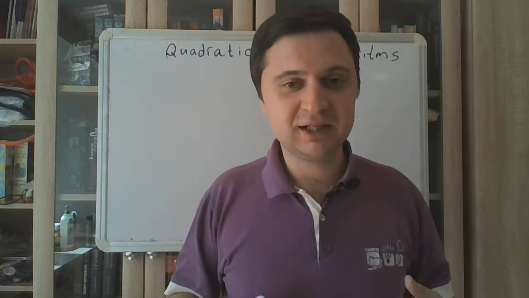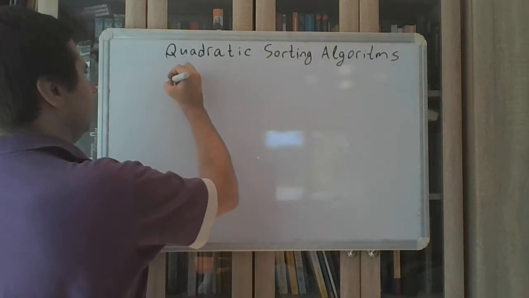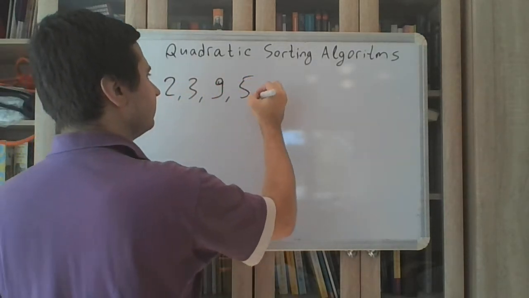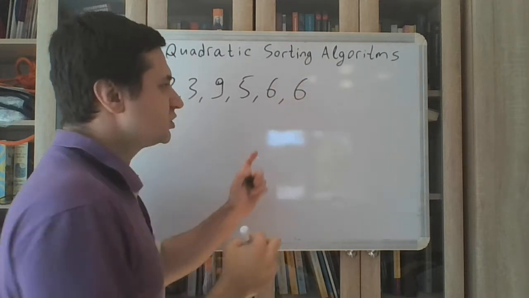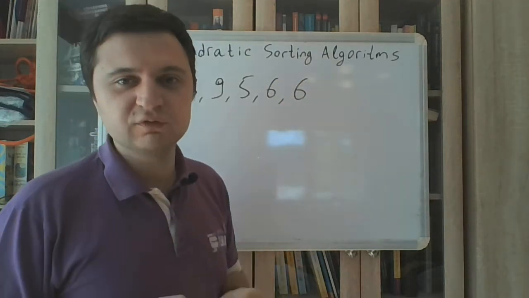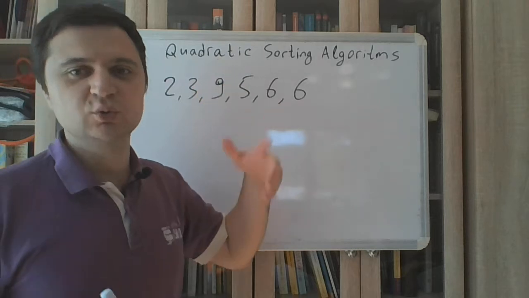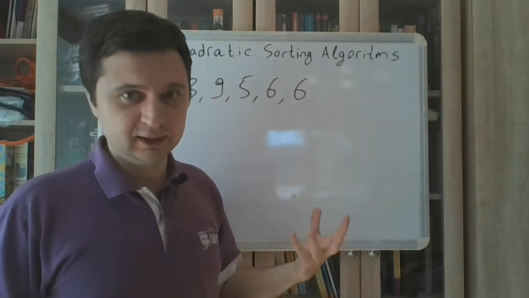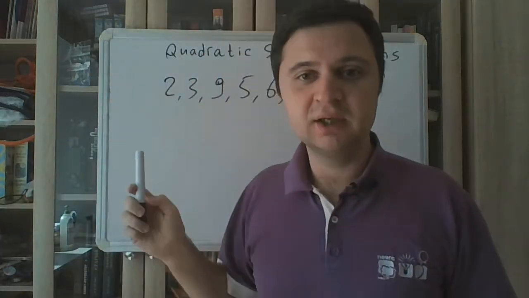Okay, so let's draw some unsorted array like 2, 3, 9, 5, 6, 6, and it's normal that some of the elements are equal. Of course, we want our algorithms to work as well if the array has equal elements inside it.